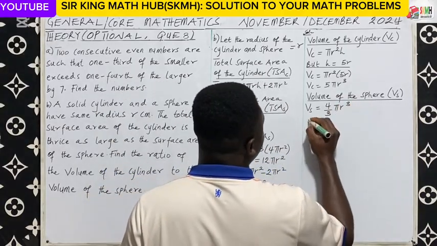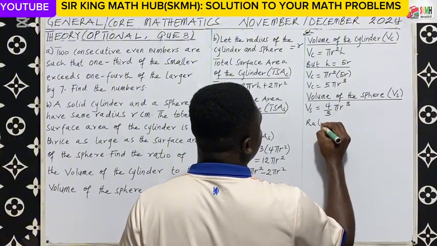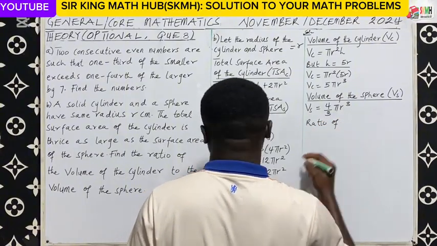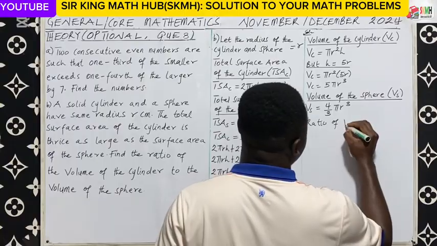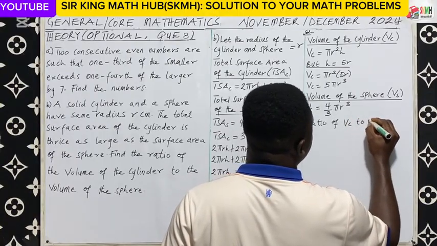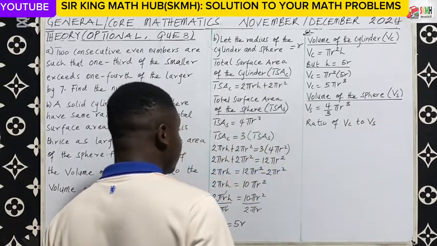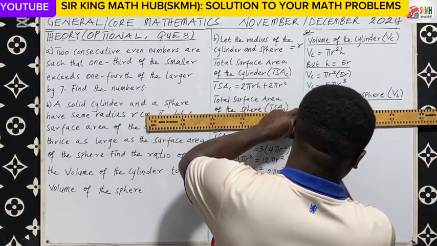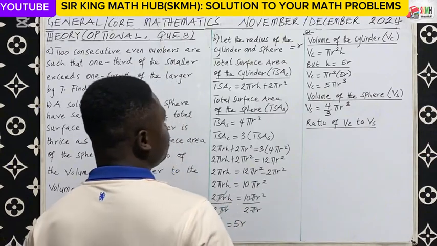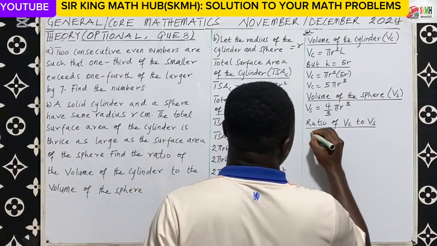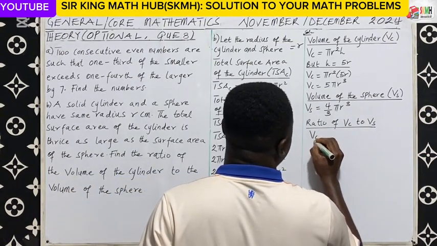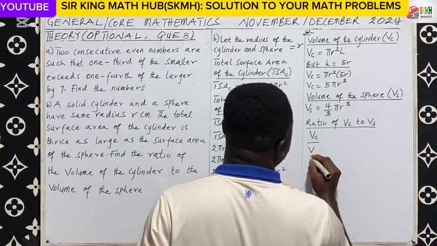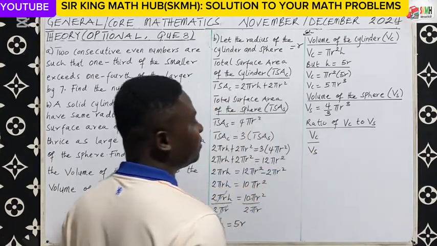So now we want the ratio of the volume of the cylinder to the volume of the sphere. Ratio also means division. So we are looking at the volume of the cylinder divided by the volume of the sphere.